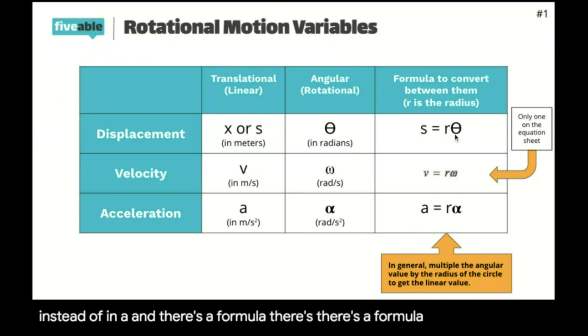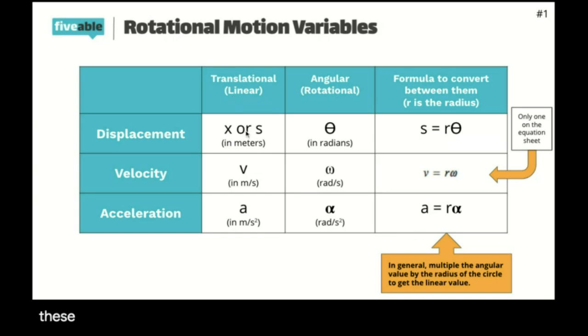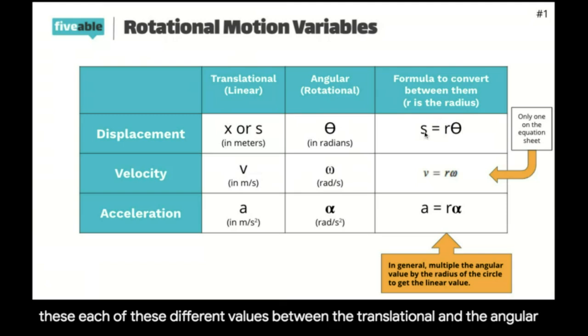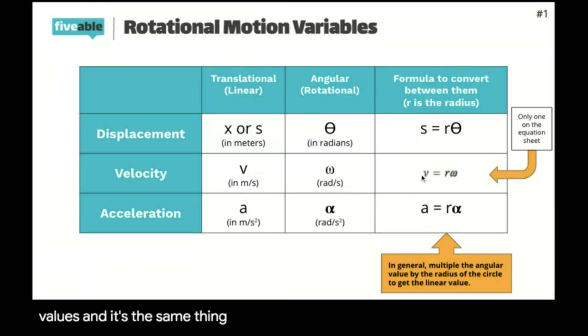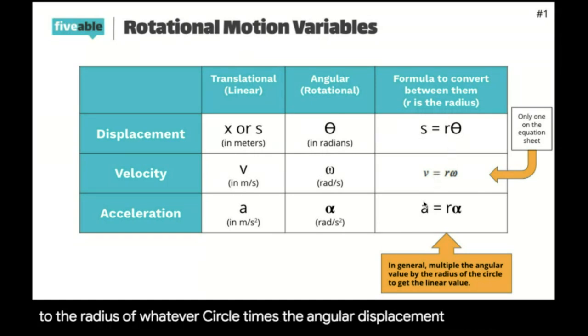And there's a formula to convert each of these different values between the translational and the angular values. It's the same idea, just depending on what you're looking at. So if we're looking at displacement, linear displacement is equal to the radius of whatever circle times the angular displacement.